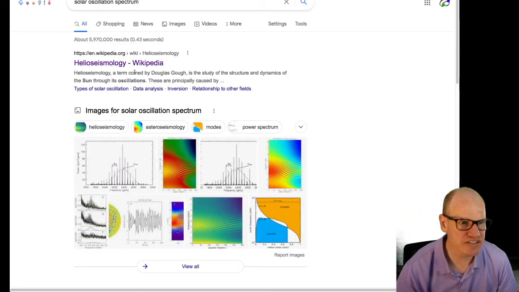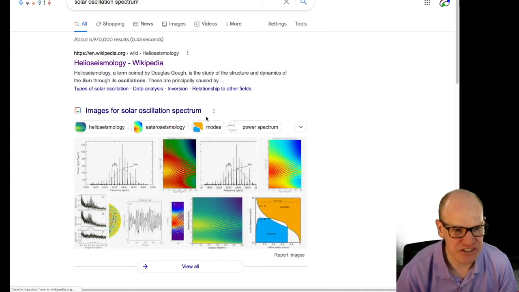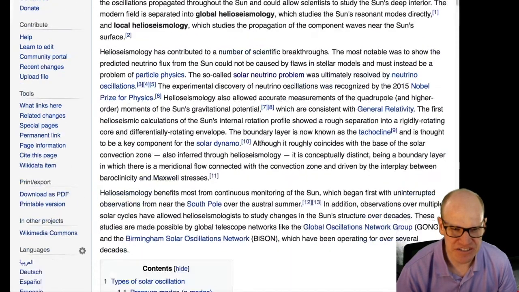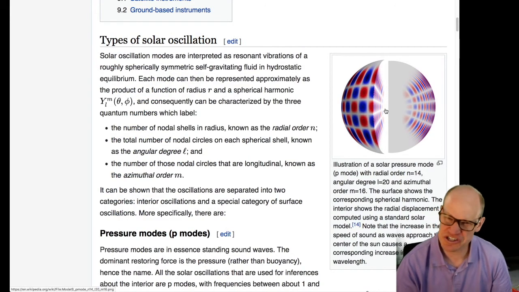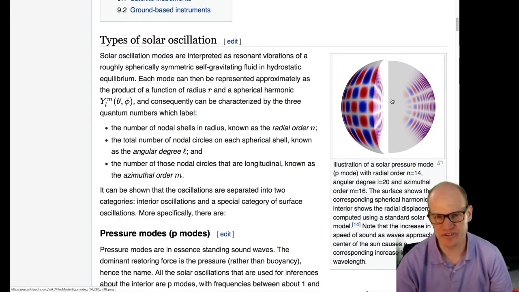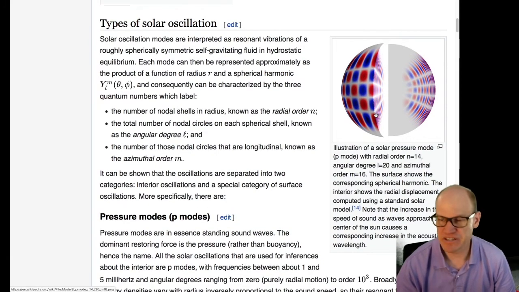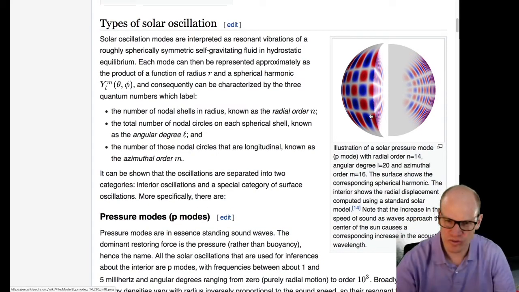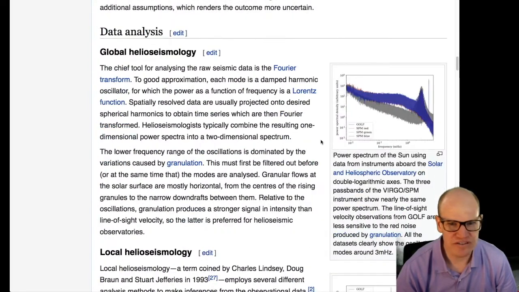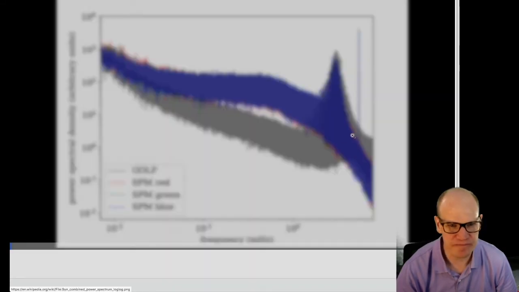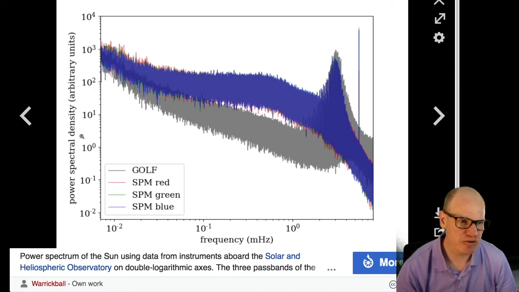If you look at the solar oscillation spectrum, this helioseismology, this is how you would decompose the sun. You don't decompose it into Healpix the way that we talked about earlier. You decompose it into basically the shapes of the electron orbitals. And here's the power spectrum. This is how the sun shakes, power spectral density, and you can see this bump right here.